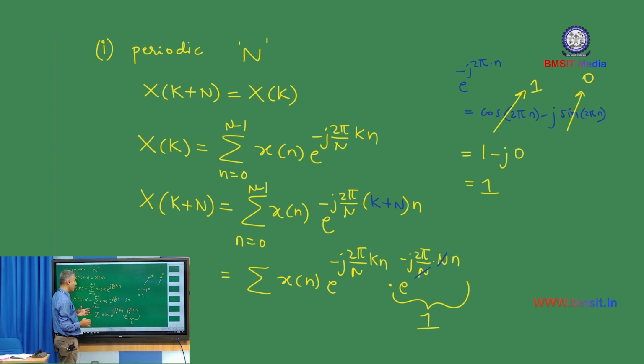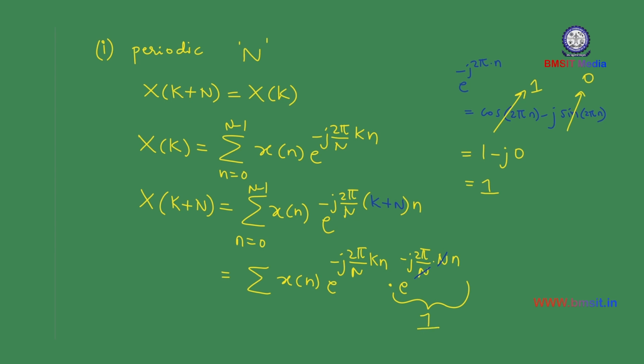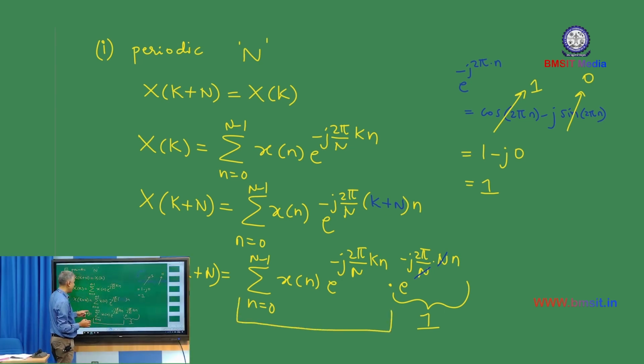And look at the remaining term. The range is not changing, it is 0 to N minus 1. This remaining underlined term, the summation of x of n e raised to minus j 2 pi by N k n, n equal to 0 to N minus 1, resembles the first equation.